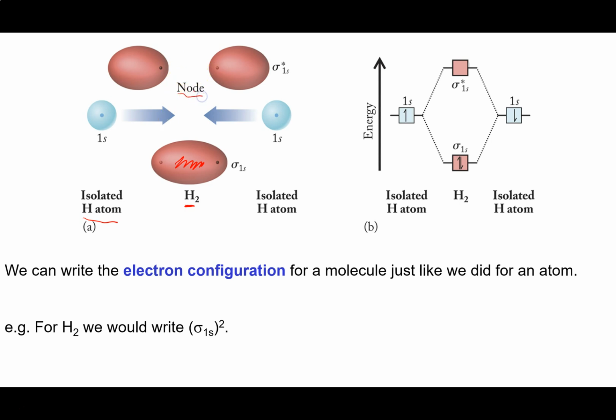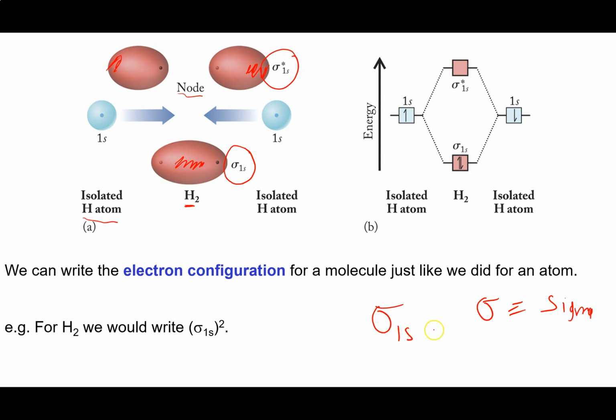We call that a node, but we have a little bit of increased electron density actually away from the center of the atom. These orbitals are labeled according to what is being mixed. When s orbitals are being mixed, we form sigma molecular orbitals. Sigma is just the Greek letter for s.